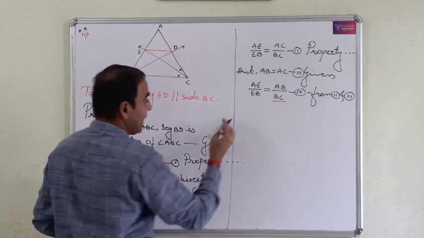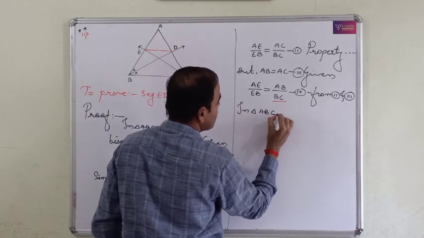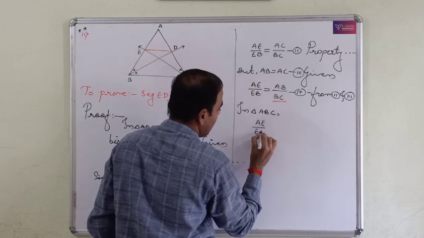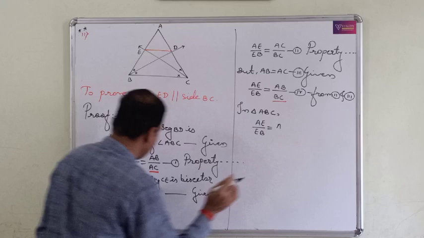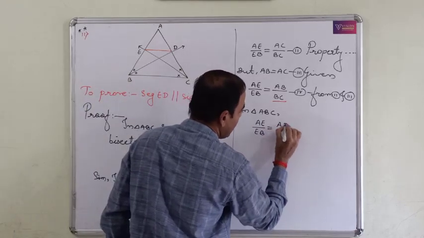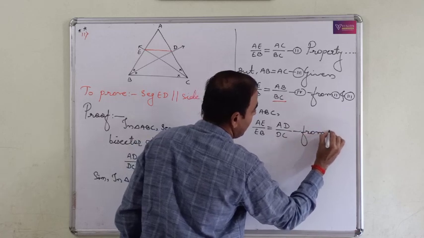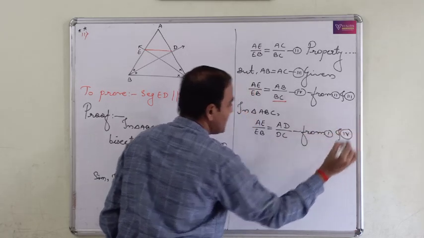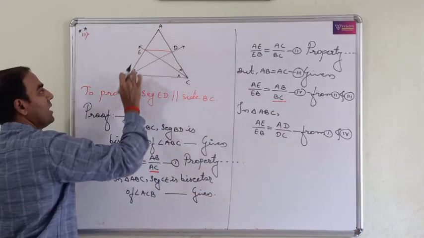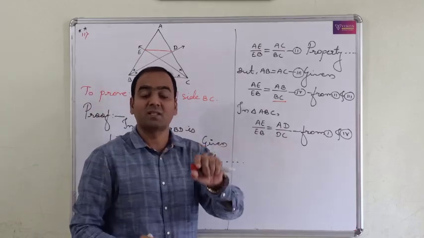So in triangle ABC, what have we got? AE upon EB is equal to AD upon DC, from first and fourth. It means that line ED divides the sides AB and AC in equal ratios.